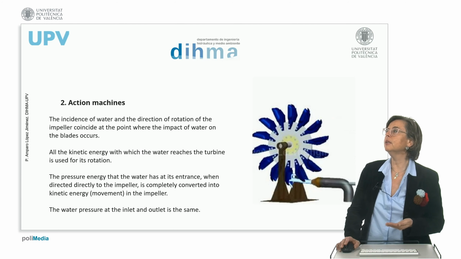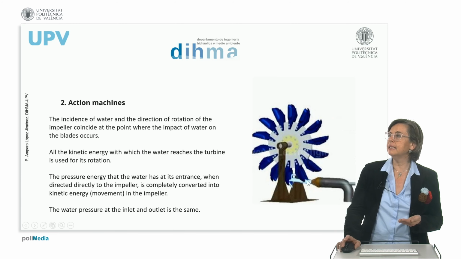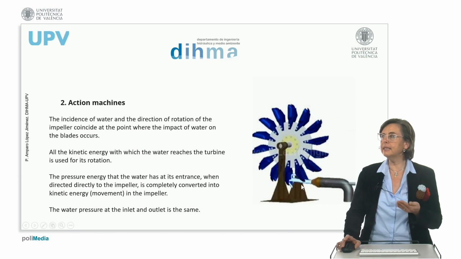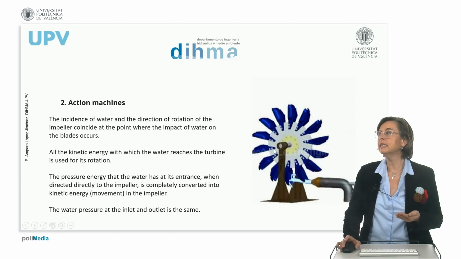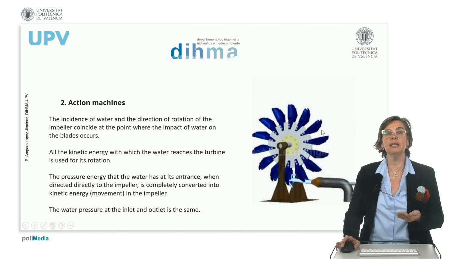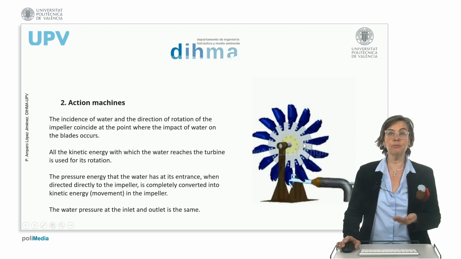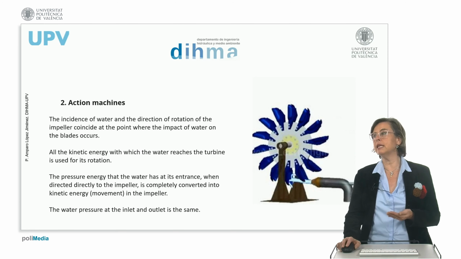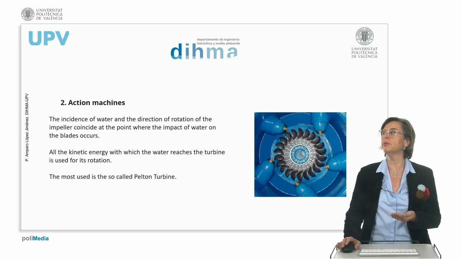For example, in this case, this is the kinetic energy moving the impeller system. The energy is converted into kinetic energy, while the pressure inside and outside the system is the same.